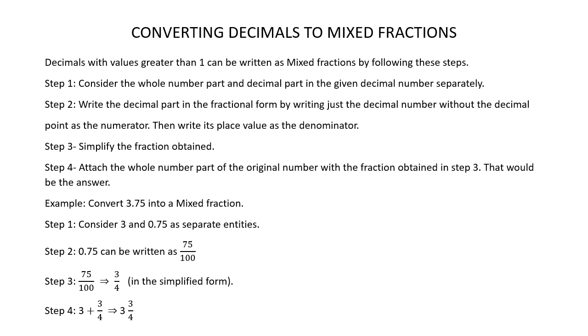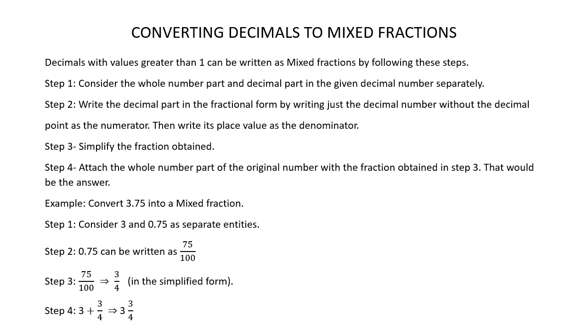Now let's understand how to convert decimals to mixed fractions. Decimals with values greater than 1 can be written as mixed fractions by following these steps. First, consider the whole number part and the decimal part in the given decimal number separately.